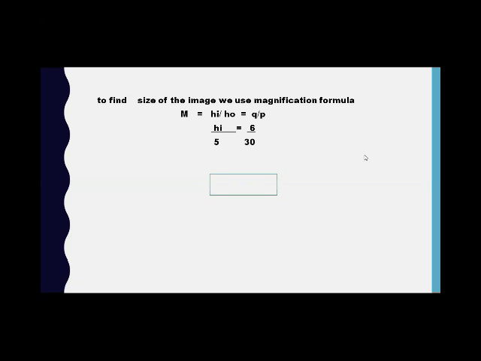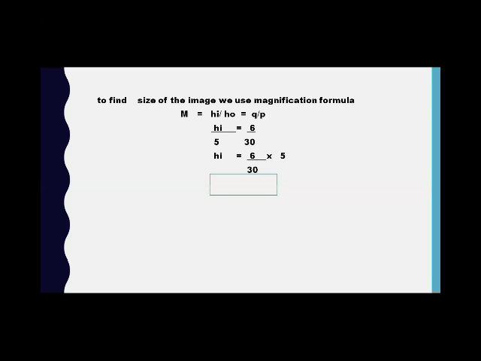So here we can say hi will remain the same. In the place of ho, we will put 5, and q is 6 while p is 30. After that, we will shift 5 to the other side because here 5 is in the denominator. So we can say hi will be equal to 6 multiplied by 5 divided by 30, or also we can say that 6 upon 30 will multiply with 5.